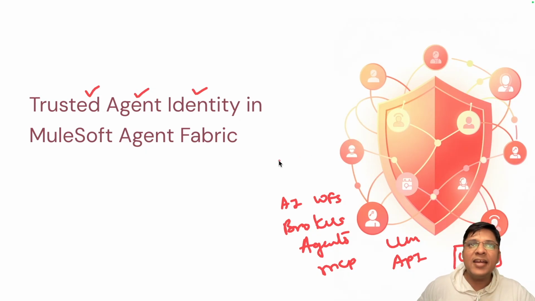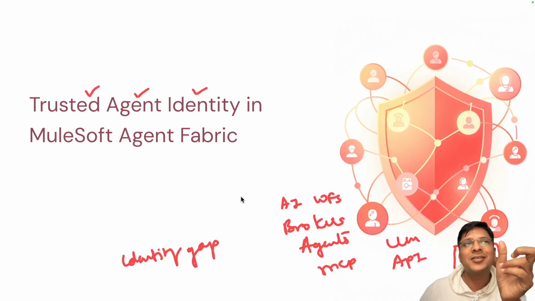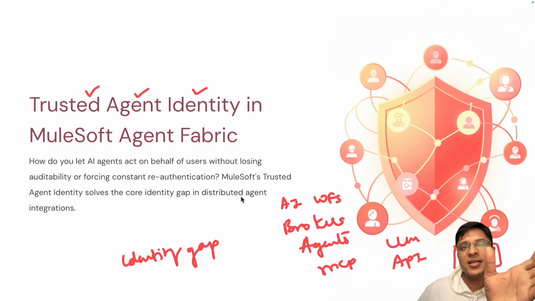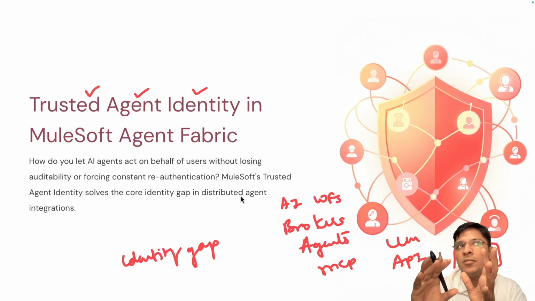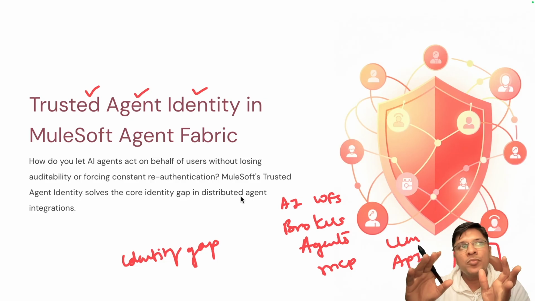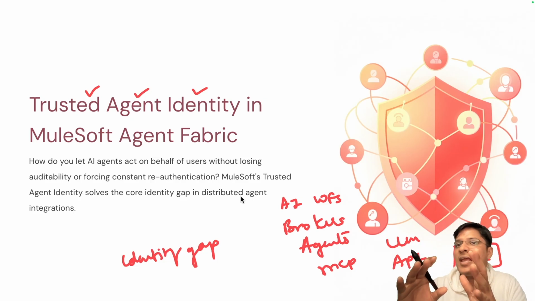That identity gap will be solved by this particular solution called Trusted Agent Identity. In the same video, we'll also understand how our AI agents, which are part of these workflows, can act on behalf of users without losing auditability and without forcing any unnecessary reauthentication.